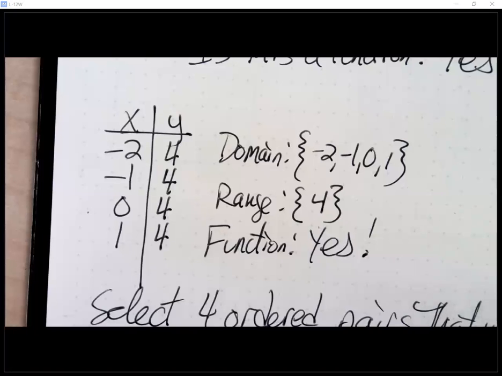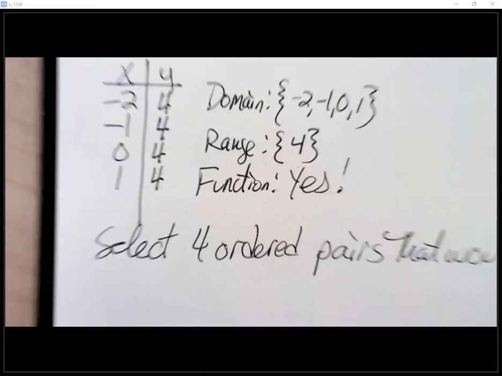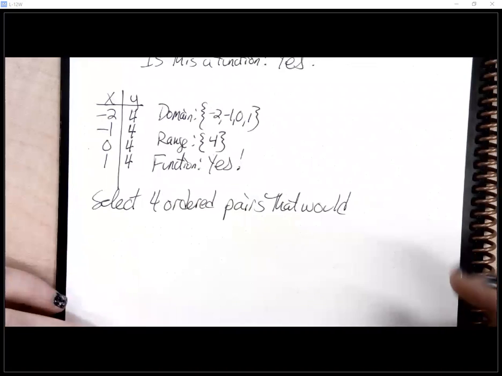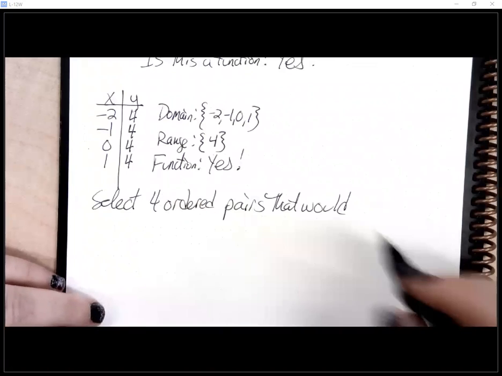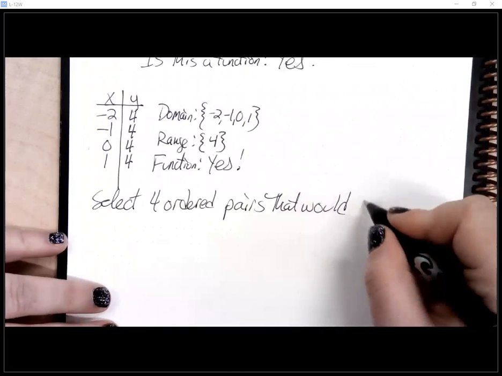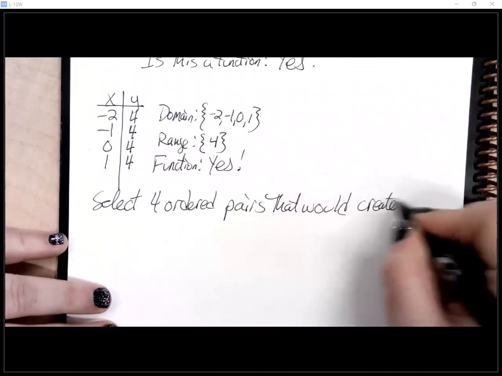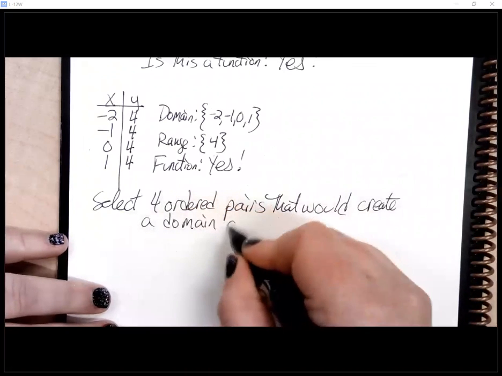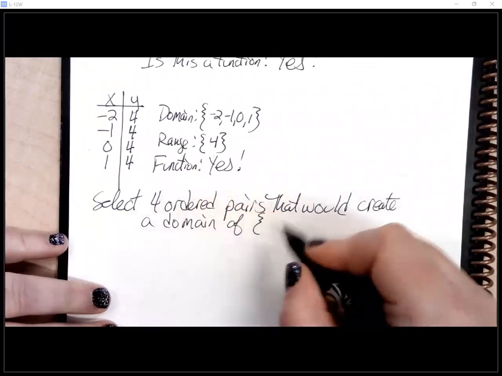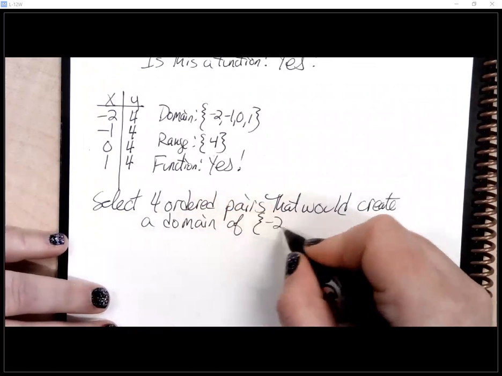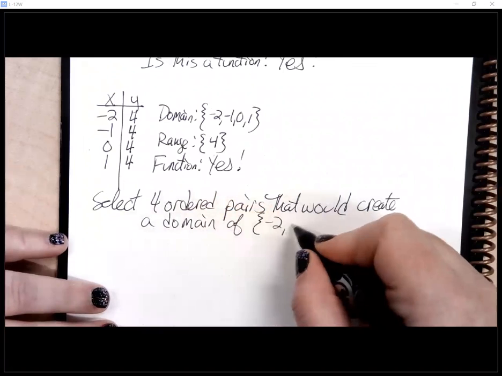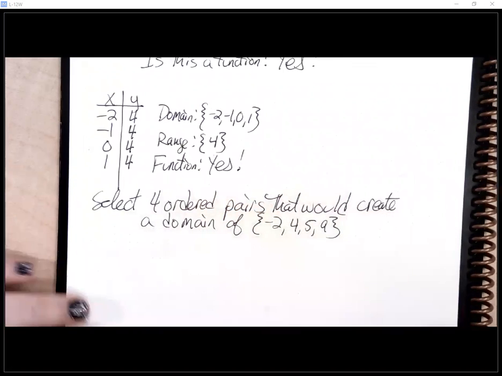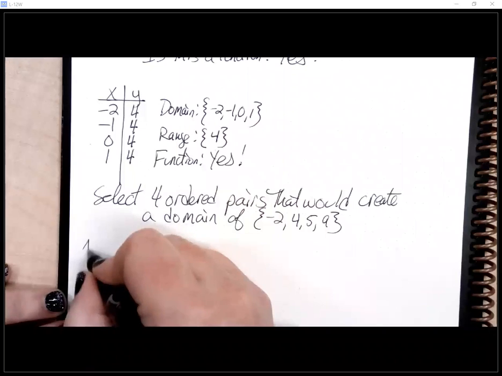So one of the questions is worded like this: select 4 ordered pairs that would create a domain of, and then you have all of these choices.